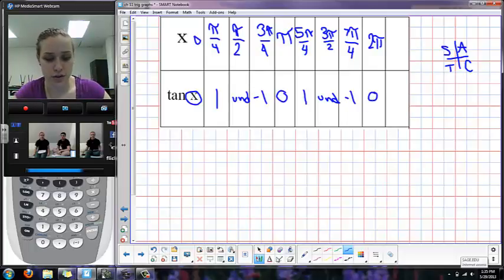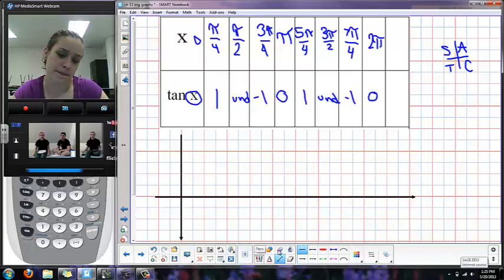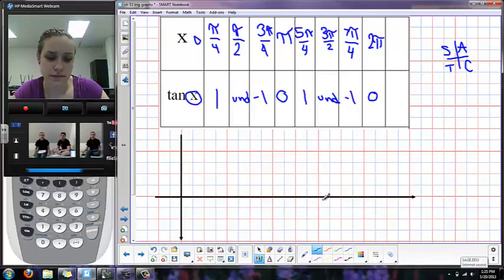Okay, so let's go through and graph this. I'm going to put arrows on my axes. I'm going to label everything correctly. So my x. Then I'm going to jump by pi over 4 radians. It's unfortunate that I have to write this whole thing out every single time.